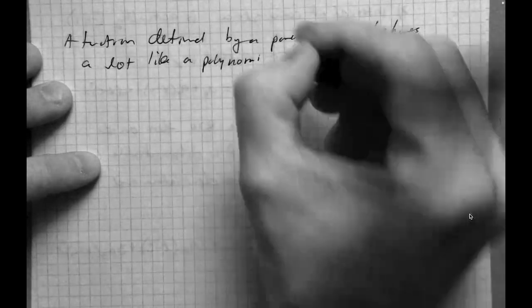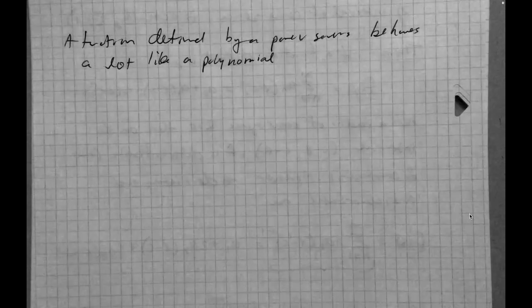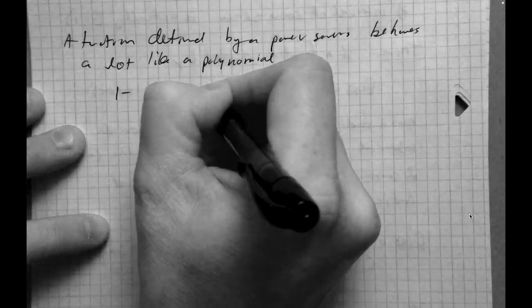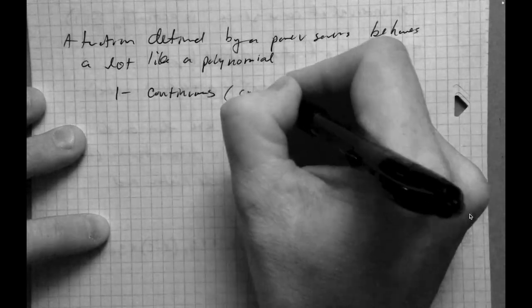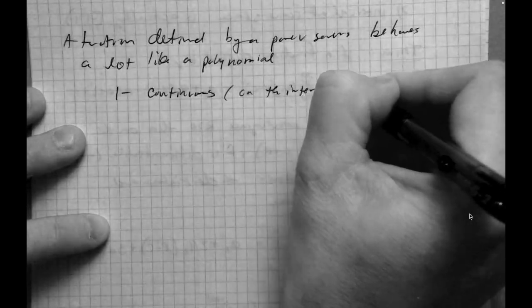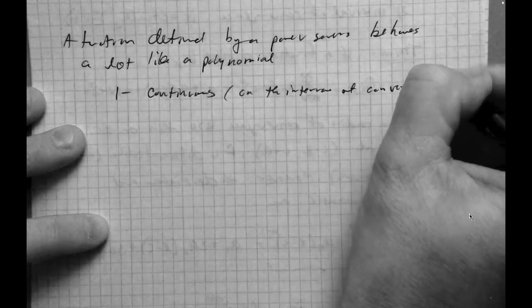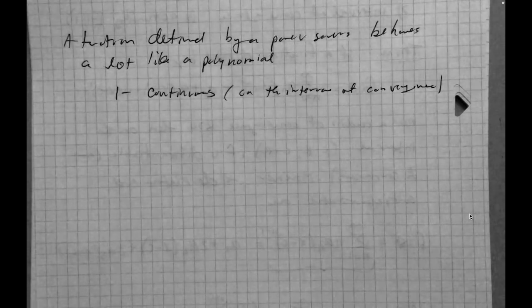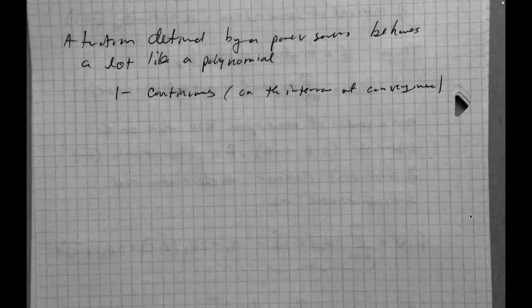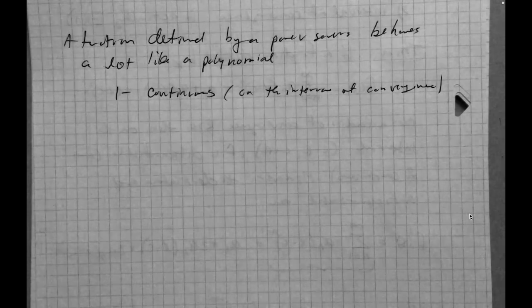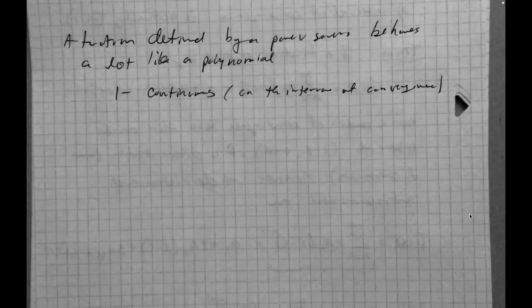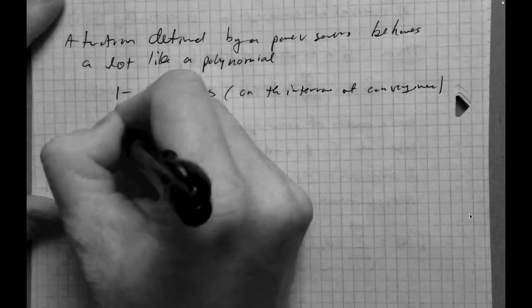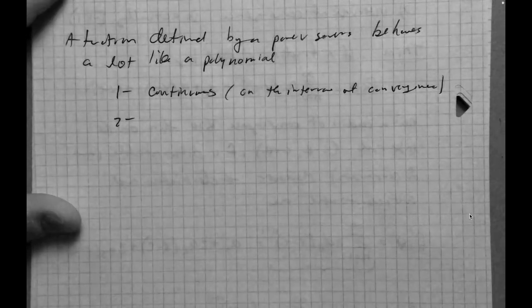That it behaves a lot like a polynomial, because polynomials are continuous, right? And we have to say on the interval of convergence, i.e. on its domain. And the derivatives and antiderivatives can be determined by differentiating and integrating term by term, right? So it's a simple thing like a polynomial. You'll have a series of terms. You can just integrate or differentiate them separately, and add them all together, right? So that's true as well for a function defined by a power series.